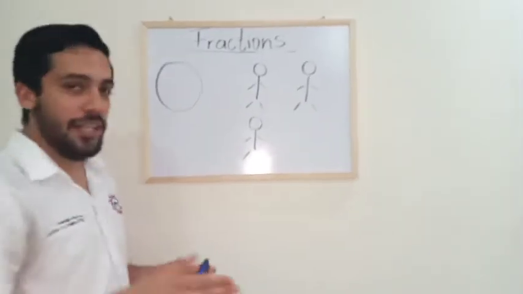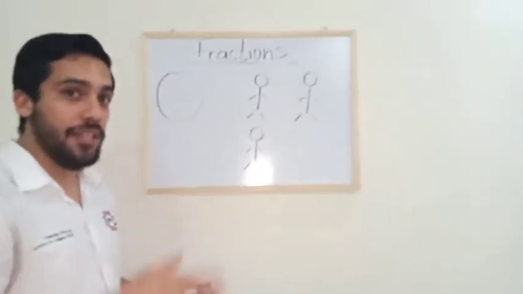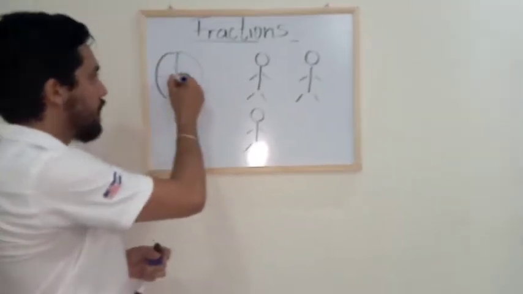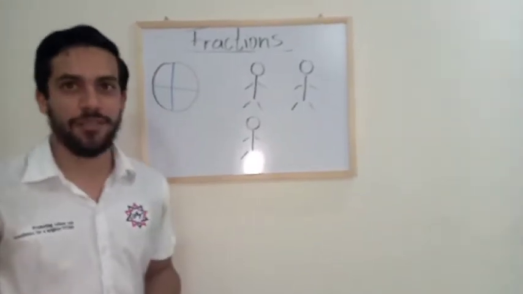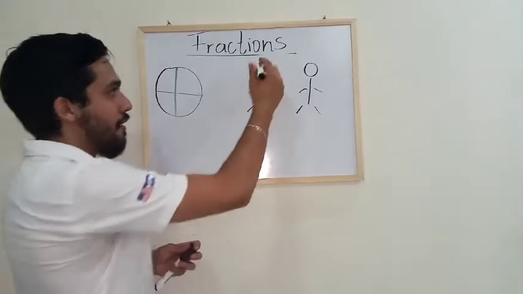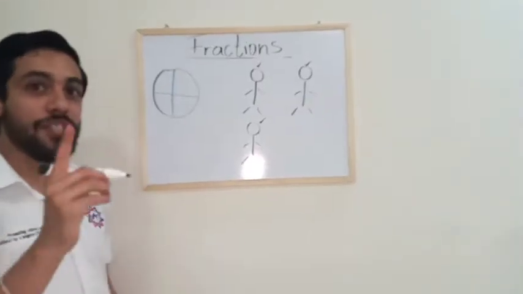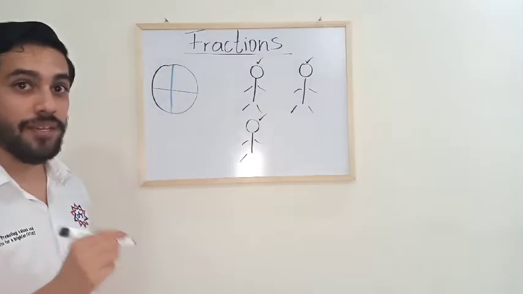So the pizza was previously divided into four equal pieces. Okay? So since there are 1, 2, 3 people, it means that each person is going to take one piece.